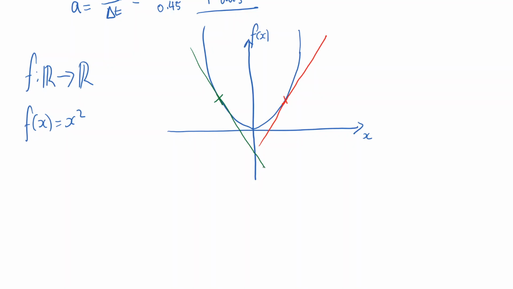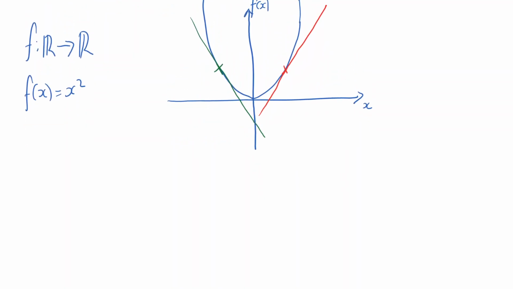So the rate of change is not constant. It's going to depend on x, on where it is on the graph. But for now, let's just focus on trying to find one of these tangents. I just wanted to observe that the gradient of f of x is going to depend on x.